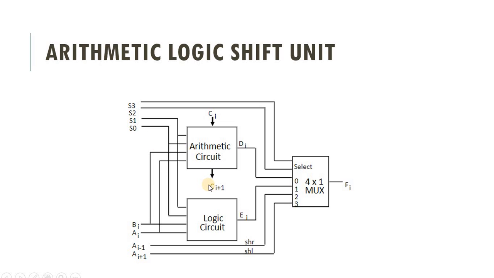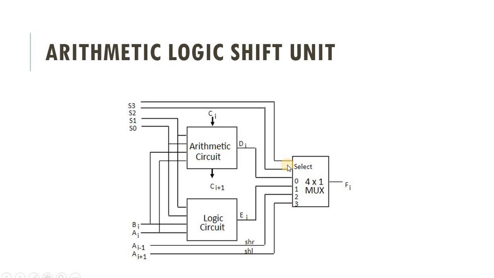In total there are 4 select lines, but from those, the 2 select lines S0 and S1 are used to select which one of them will work, the arithmetic or the logic circuit. Then we have a 4x1 multiplexer, and at the output end it chooses the output between the arithmetic or the logic output, which is done with the help of 2 select lines, S2 and S3.